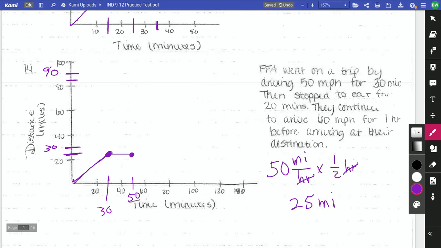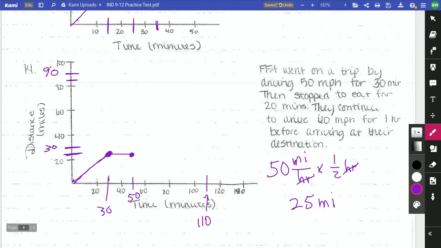And it took them 1 hour to get there. So that's 50 minutes is where they are at the end of their rest. And so it's going to be 60 more minutes, 110 minutes, which is right here. 110. Okay.